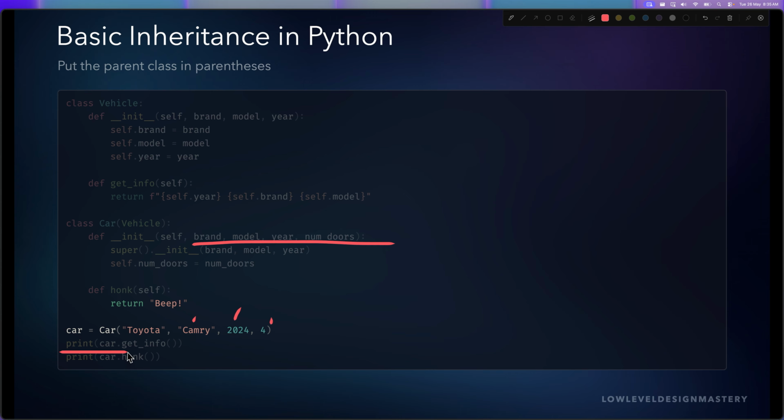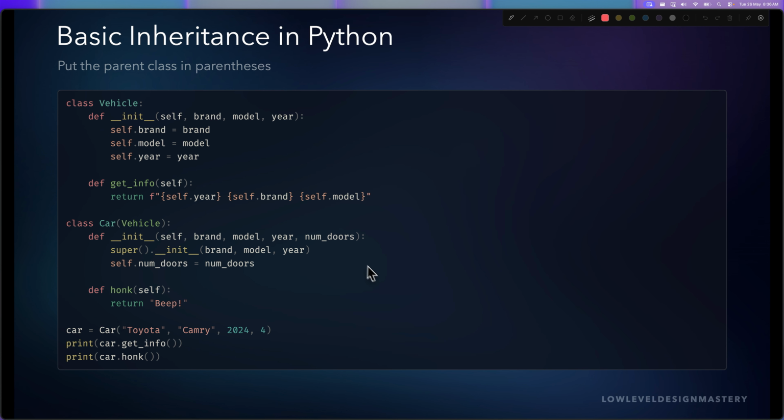And then when you call car.getInfo, this getInfo returns self.year, self.brand, and self.model. So how does this work? There is this Vehicle class, and Vehicle has getInfo.